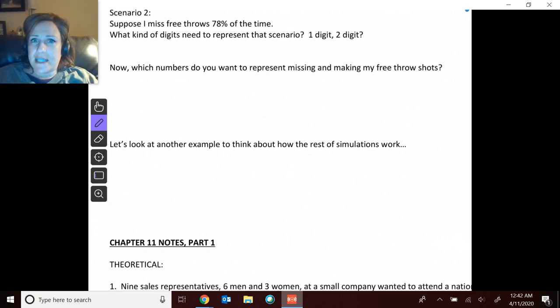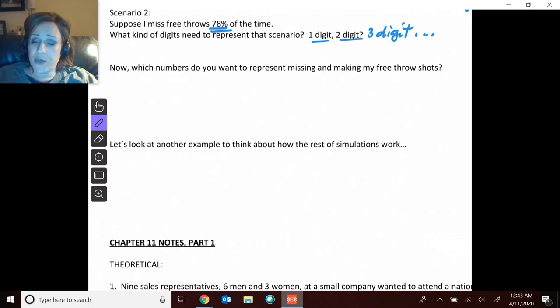What kind of digits then do we need to use to represent numerical values that have to be more precise, not just 10, 20, 30, 40, 50? And I stop here. I wrote 1 digit, 2 digit, but we could do 3-digit numbers and so on, depending on how many different values we have.